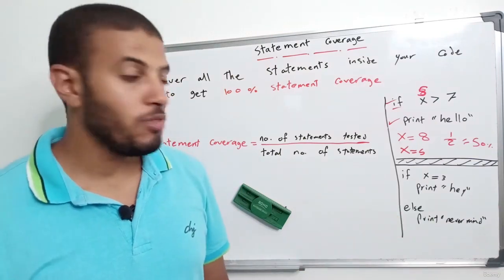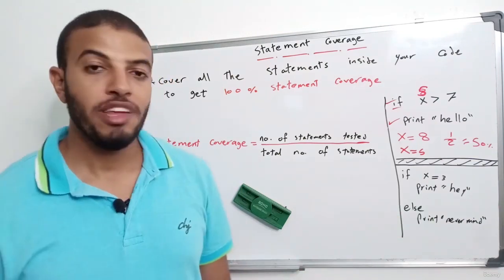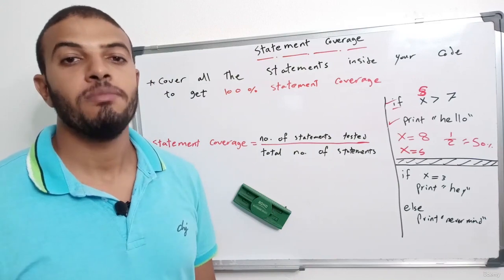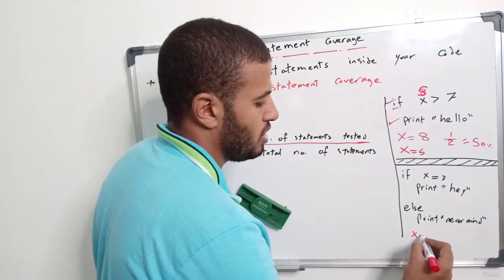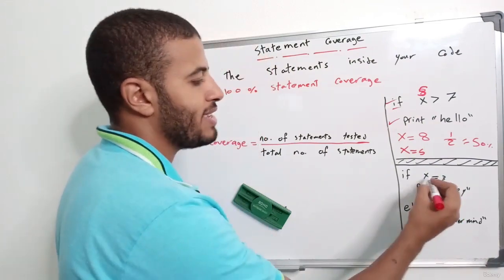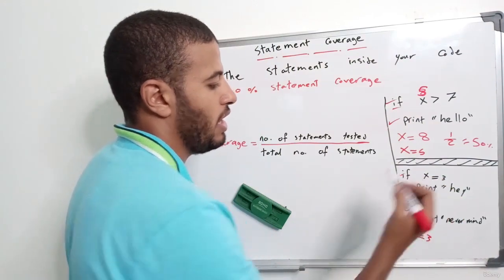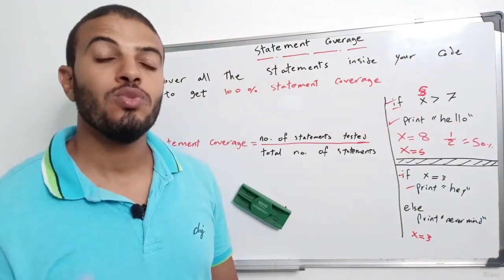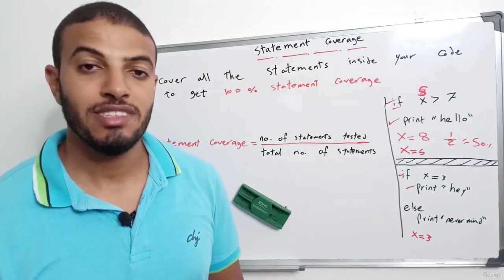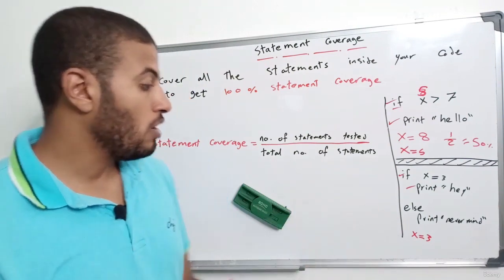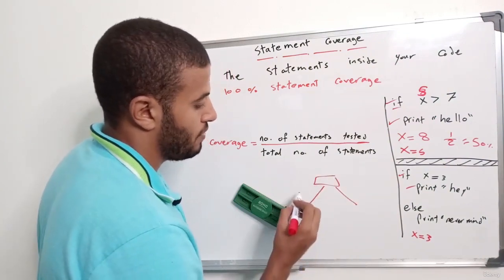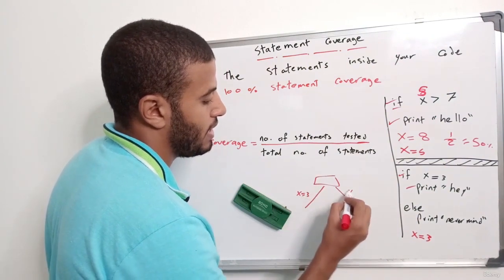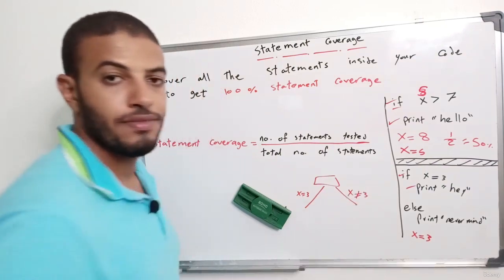This is another example. If x equals 3, print hey, else print never mind. So here, if we take x equals 3, is x equal to 3? Yes, I will print hey. Here, one test case will not achieve 100% statement coverage ever. Why? Because this is my question and it has 2 paths: x equals 3 and x does not equal 3.